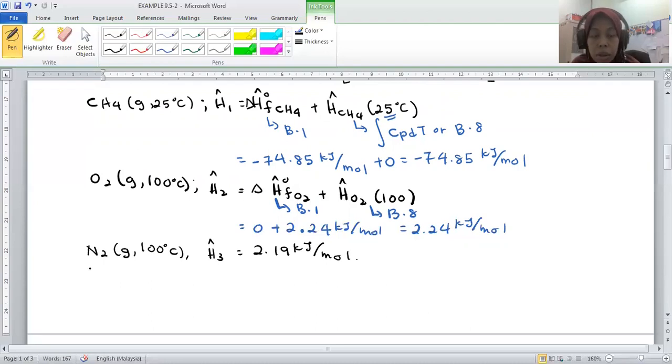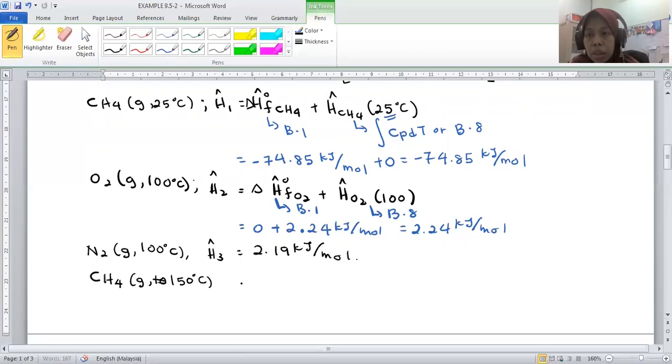Well, we already completed the inlet part, so you move to the outlet part. So CH4 gas, sorry, 150 degrees.